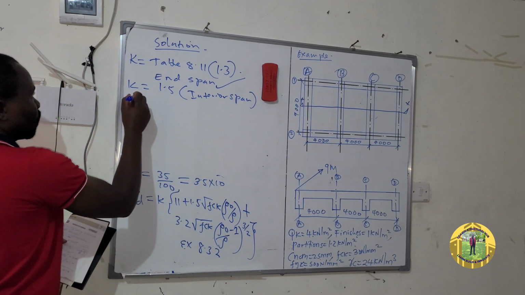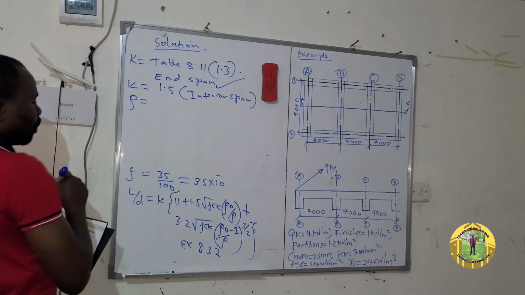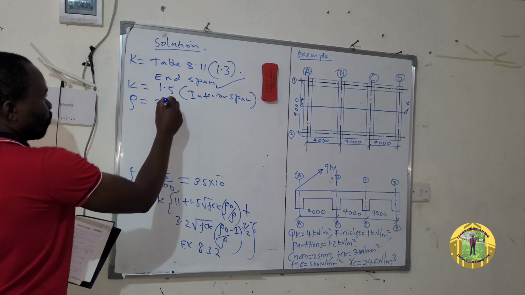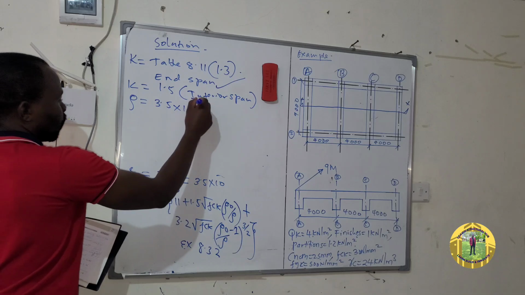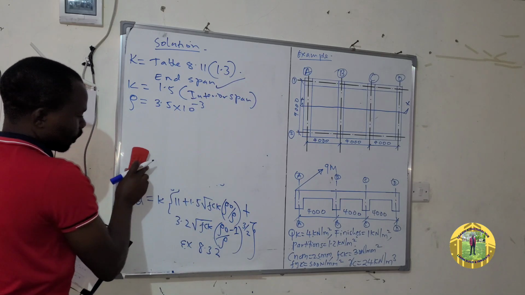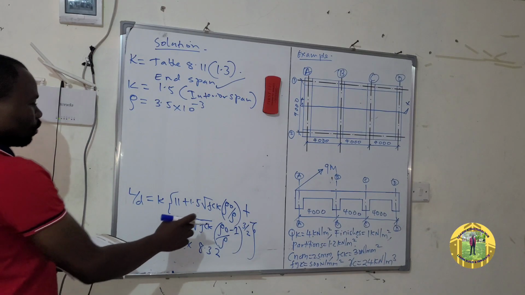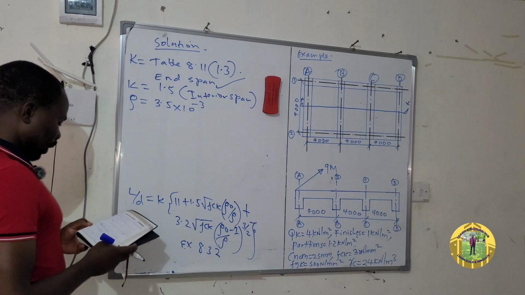You have seen that the reinforcement ratio is equal to 3.5 times 10 to the power of negative 3. And then we have another term in this formula which we will define.